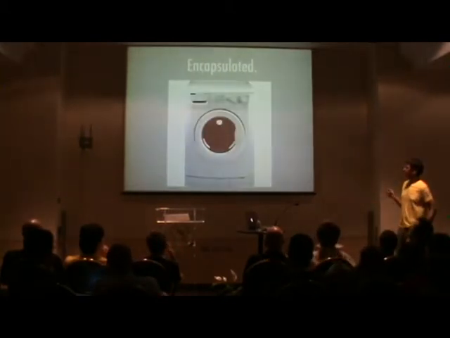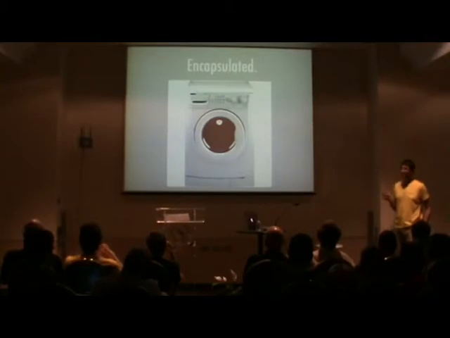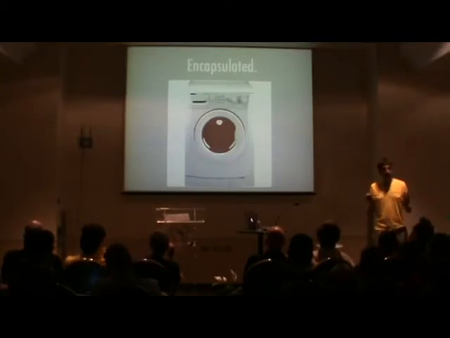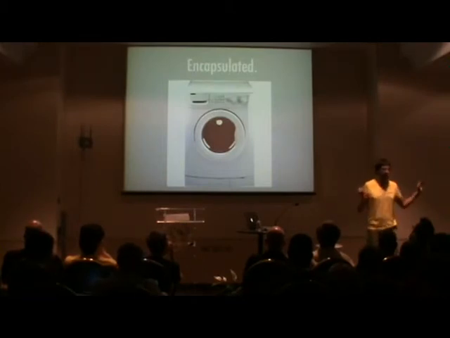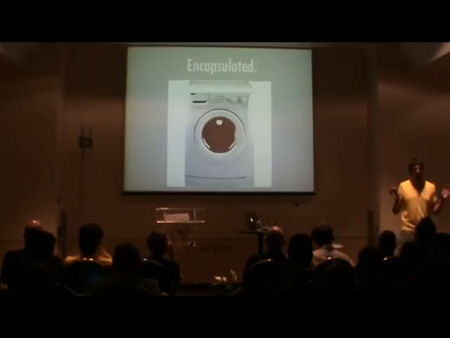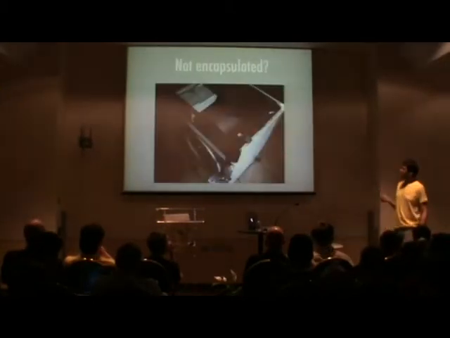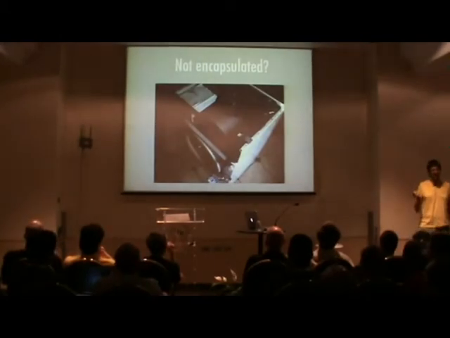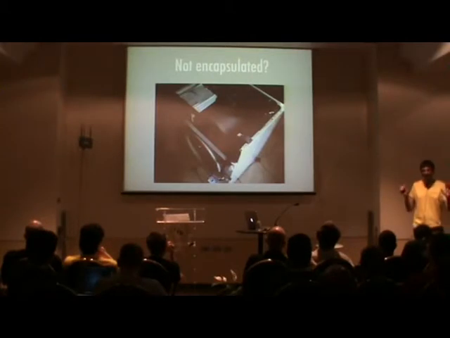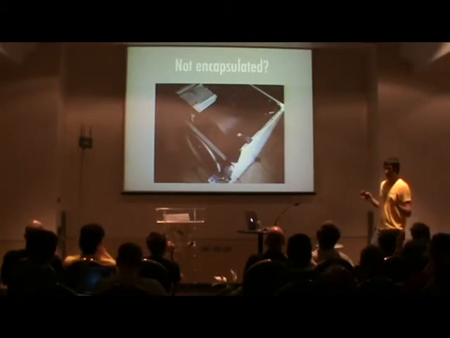This is a washing machine. I think it's quite encapsulated. It's got a control panel, and you just start, stop it. You just have a program, and it does whatever you like it to do. This is the same machine, but it's open, so you can see inside it. You can see through it. You can see its details. Does it matter?